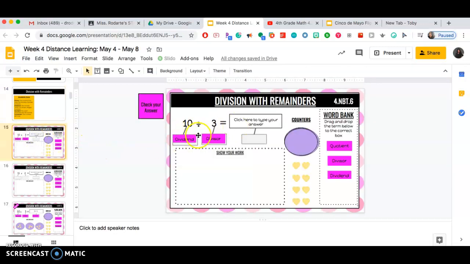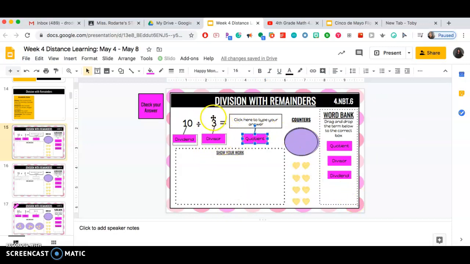It's a bigger number. It's how many pieces we have to share with our divisor. Lastly, we don't have our answer just yet, but we have quotient. So I know that my quotient is a fancy word for answer, so I know quotient is going to go in this box.